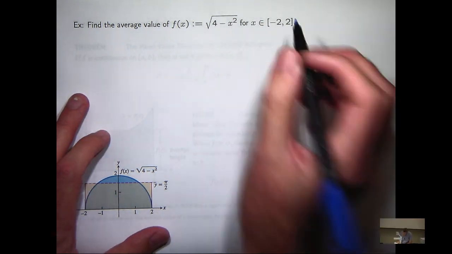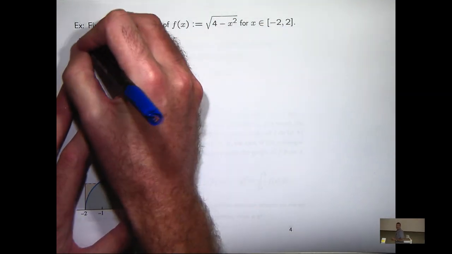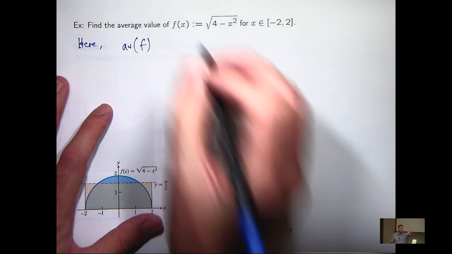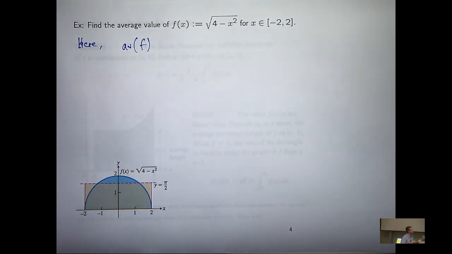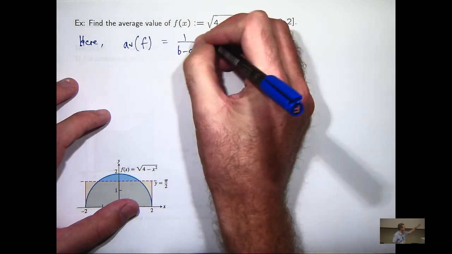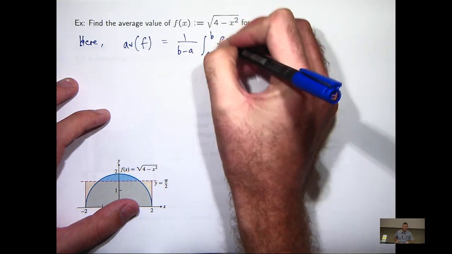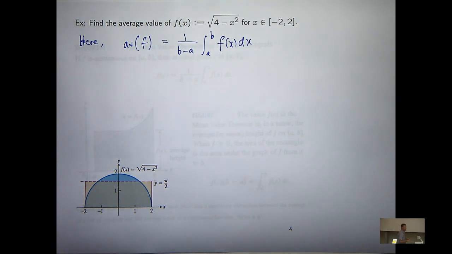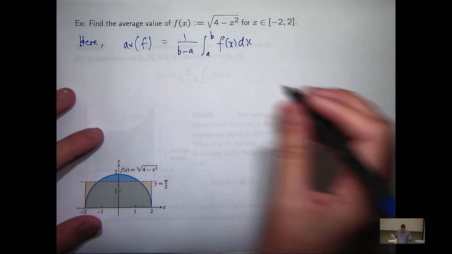All right, so here's our function, here's our interval. The average value, which I'm just going to denote by AV of f, is just given by this integral representation.